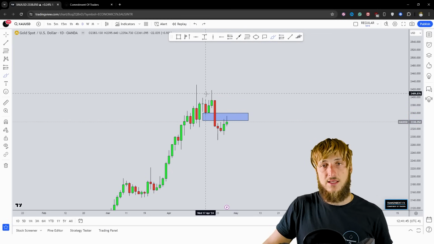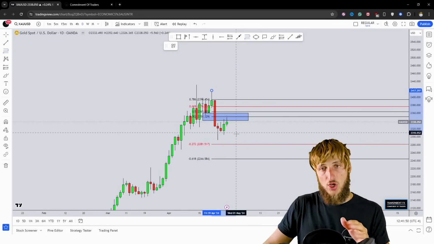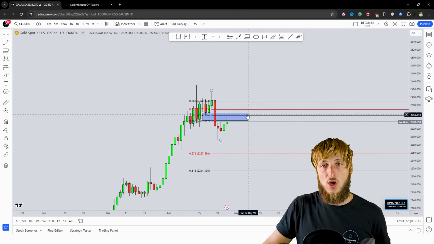And we can also notice that if we have an impulse and correction, as we said previously, if we want to measure the correction, we have to take our Fibonacci from the high to the low of the impulse leg.